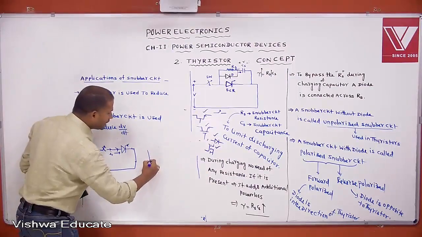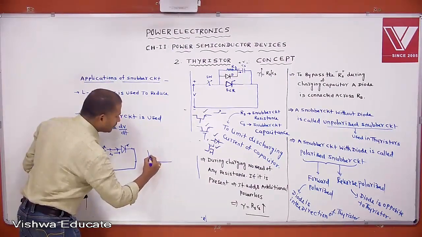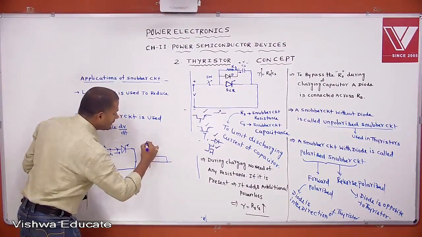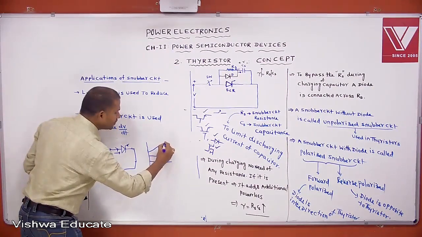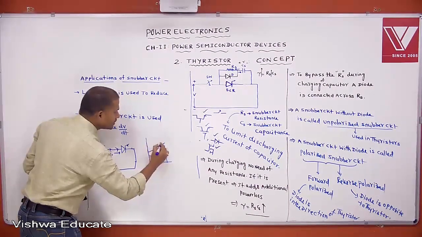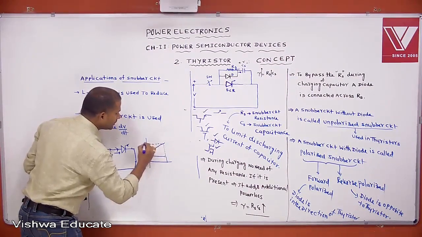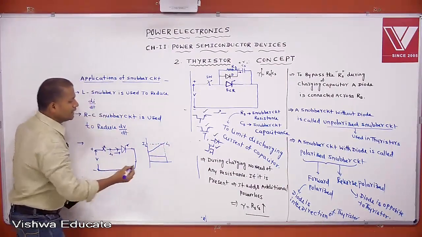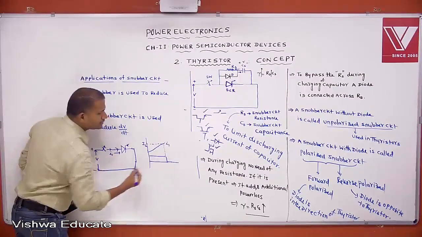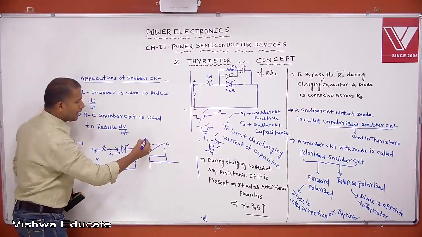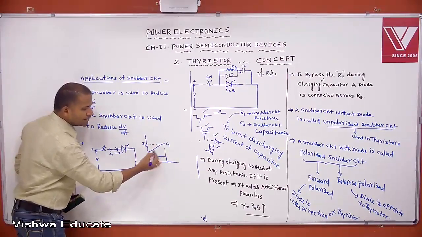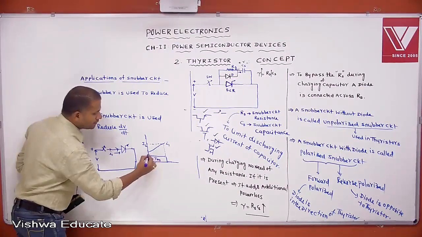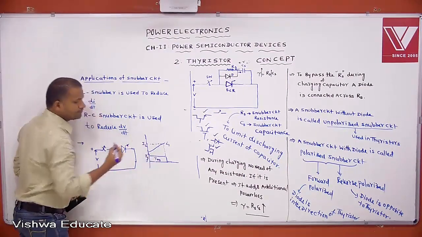Let us assume the gate is connected up to this period, the gate on time, and this is the gate current.